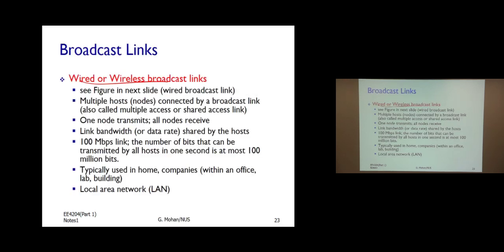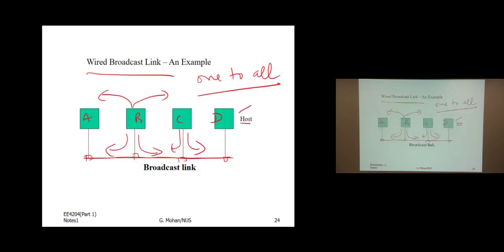Another important point is that the link bandwidth is shared by everyone. What's the meaning of this? Let's say the link bandwidth is 100 Mbps. There is a network adapter or network interface card which is also, let's say, 100 Mbps.